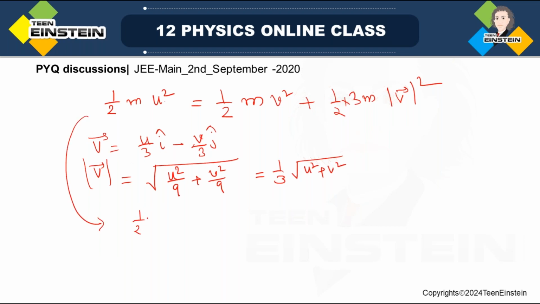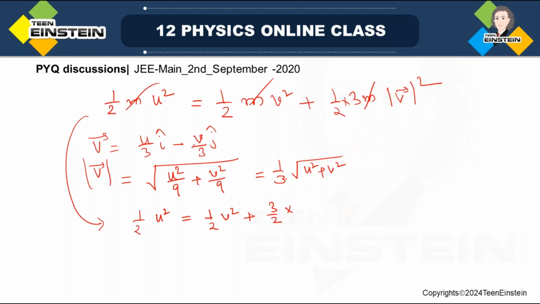So half m I can strike from everywhere, so let it be like this. I have to find out small v, that is my m. So here it is u square, equal to half m v square, m I have struck out, plus 3 by 2.